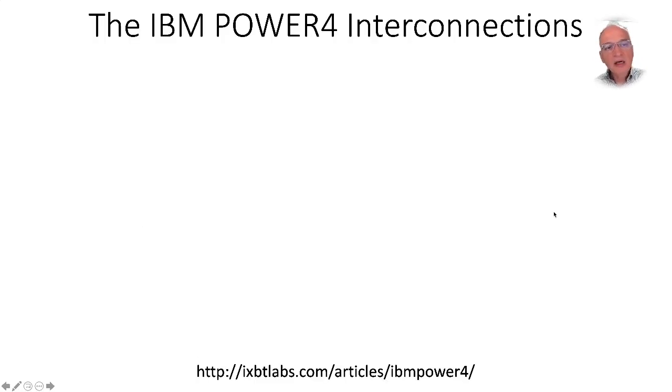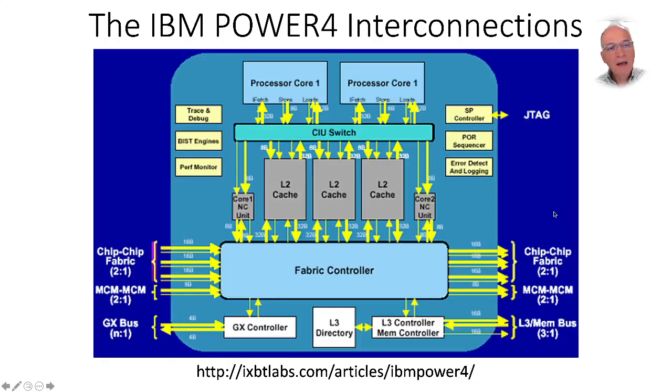Here is a picture from the IBM Power 4 interconnection. IBM Power 4 is now 5 generations behind the current generation. We currently have the Power 9, and my research group is working with IBM on the delivery of Power 10, which we expect will come in the future.